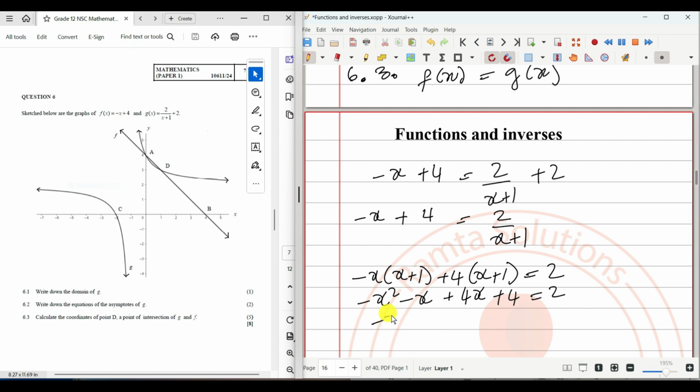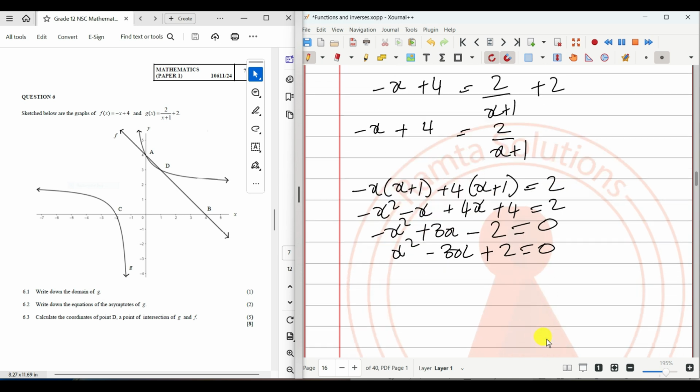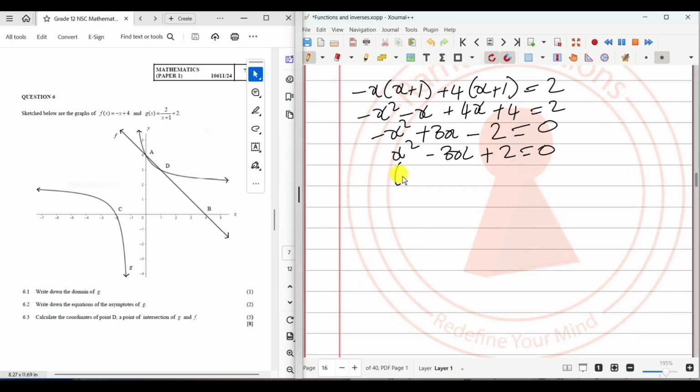So what is this? Negative x squared plus 3x minus 2 equals 0. Dividing throughout by negative, x squared minus 3x plus 2 equals 0. Further, we factorize: x minus, x minus, equals 0.